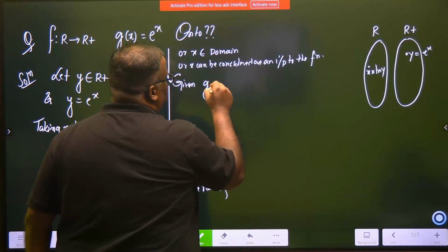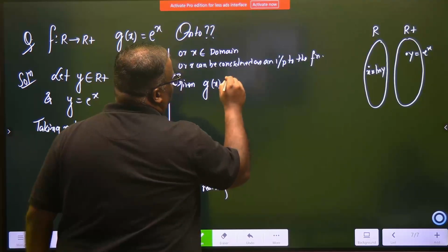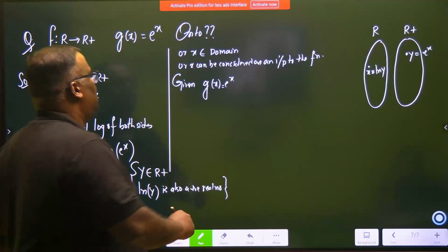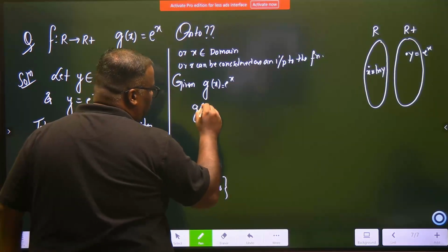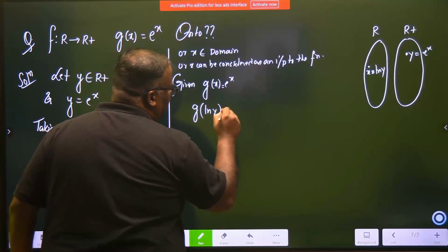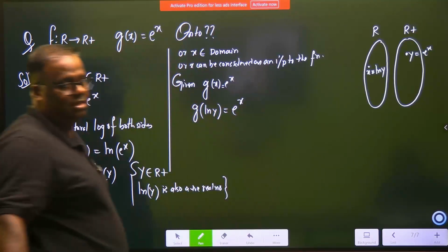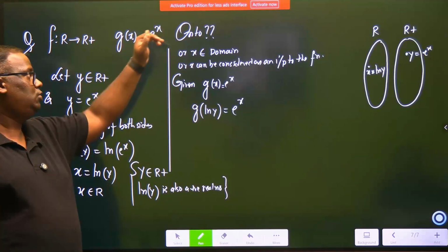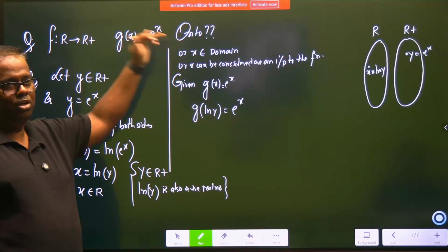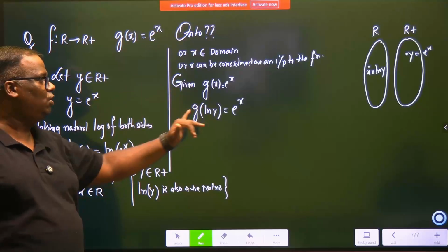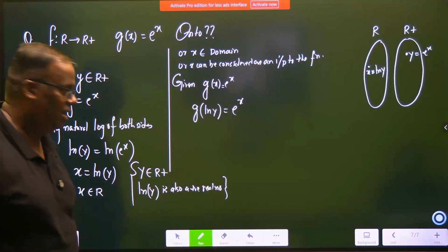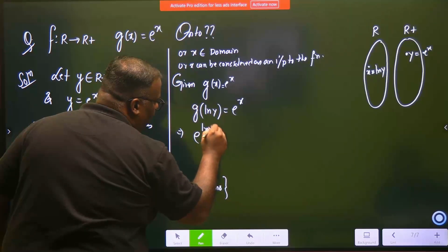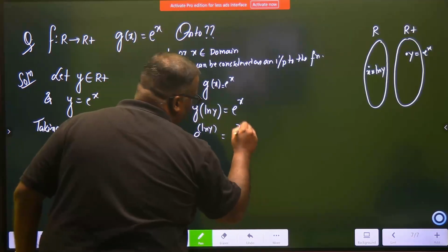So what is the function given? g of x is equal to e to the power x. This is your function. Now you are trying to input this x, but what is the value of x? g of ln y is equal to e to the power ln y. g of x is e to the power x, g of dog is e to the power dog, g of cat is e to the power cat, g of ln y is e to the power ln y. So on this side I will write e to the power ln y is equal to e to the power x.